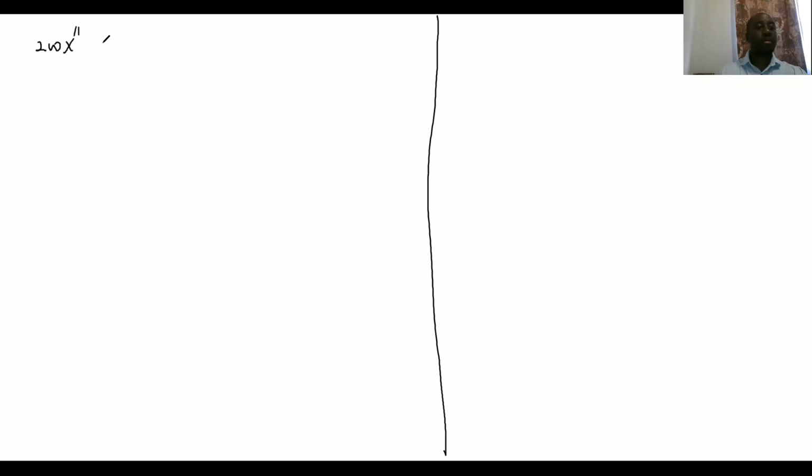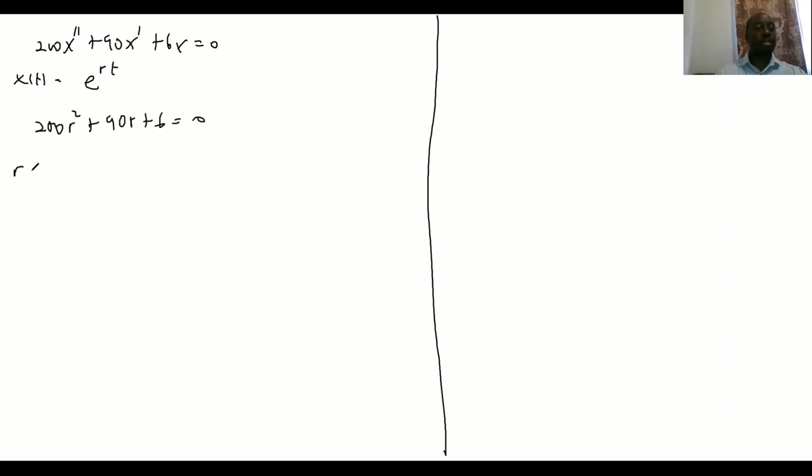200x double prime plus 90x prime plus 6x equal to 0. If we assume a solution of the form e to the rt, we can derive a characteristic equation. It's 200r squared plus 90r plus 6 equals 0.